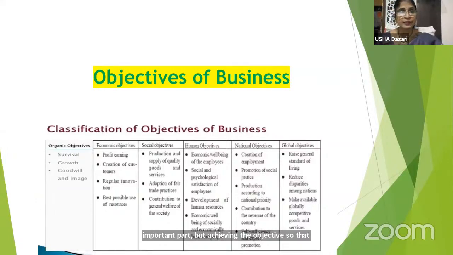Next one is the best possible use of resources. That means, in simple words, optimum utilization of resources. Resources available with the business are generally limited. So every business enterprise aims to make the best possible use of physical, financial and human resources.